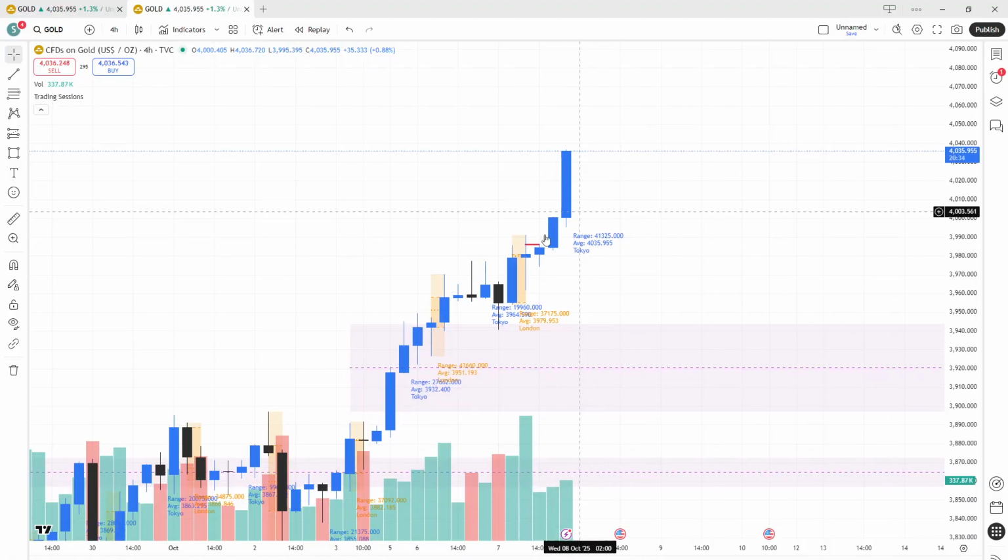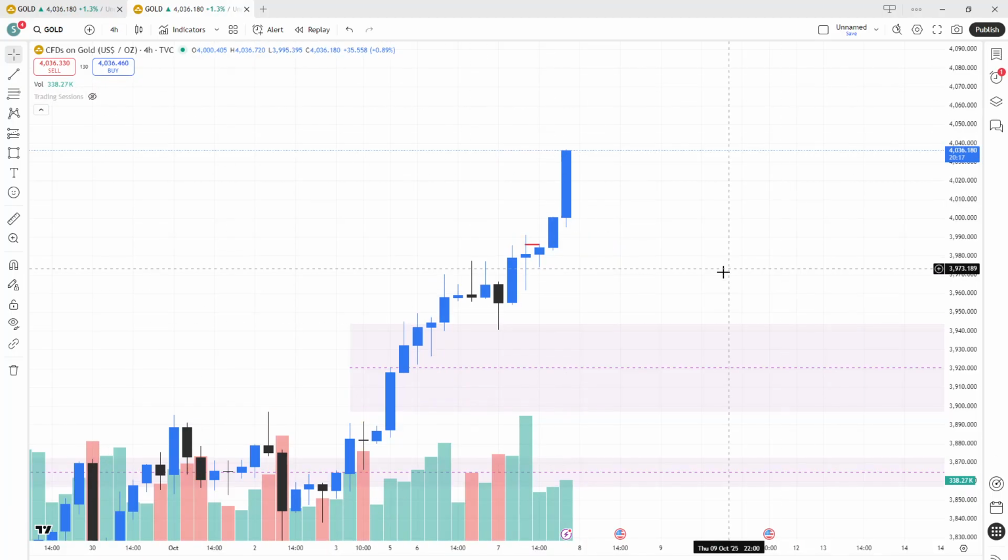So this is still in the Asian range, and as you can see, price has moved up really, from the initial point, it moved up a lot.